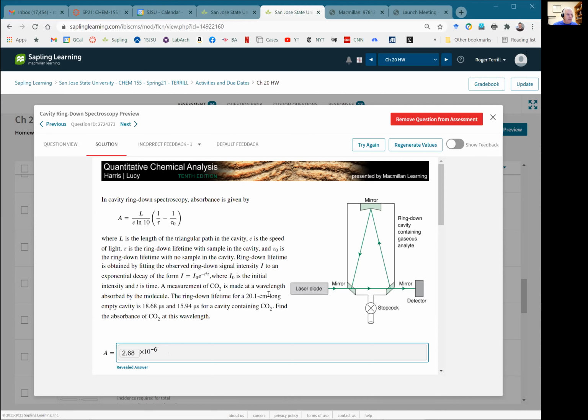But if you put in a pulse, right, you can measure a tau value, and so for the empty cavity, this is tau 0, and this is tau, right? And here I'll show you how I did it.